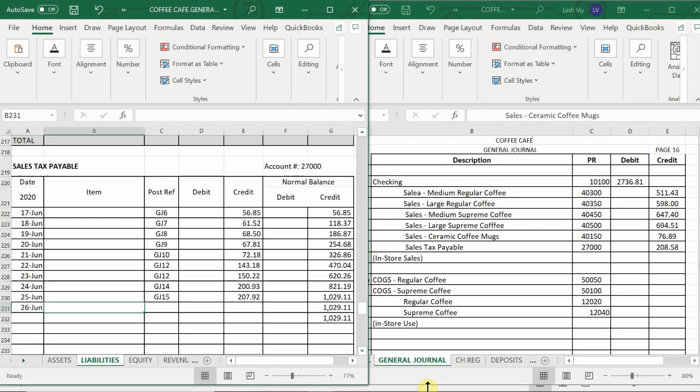General 016, 208 and 58 cents. 208.58. Balance is 1,237.69. Good. 1,237.69. And that completes our sales.